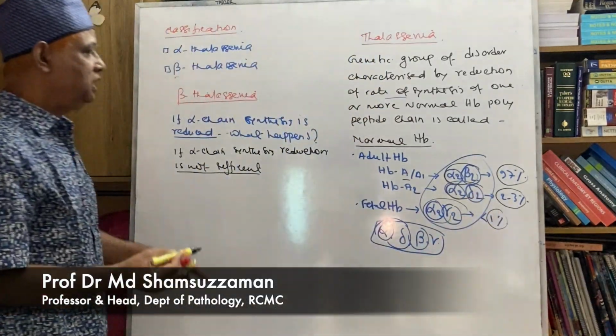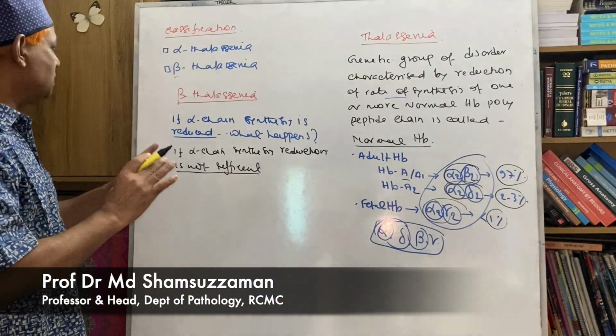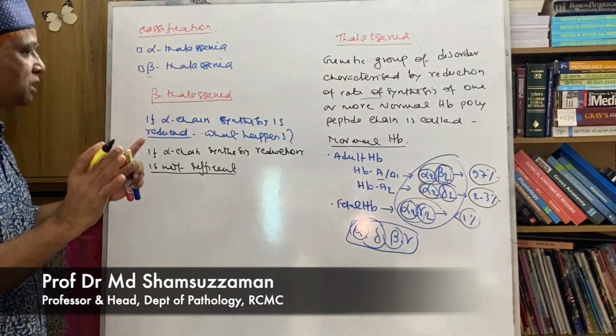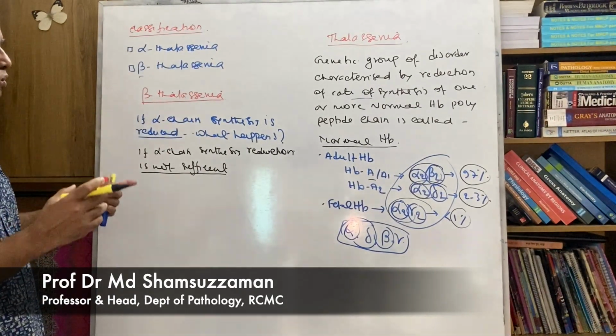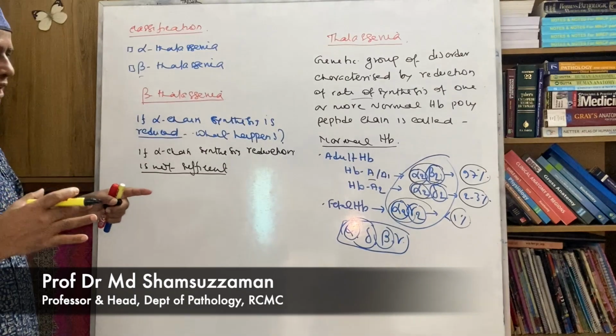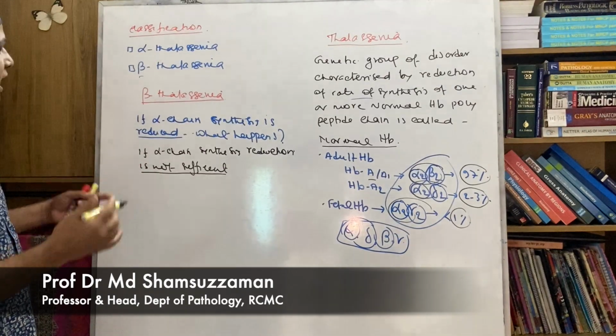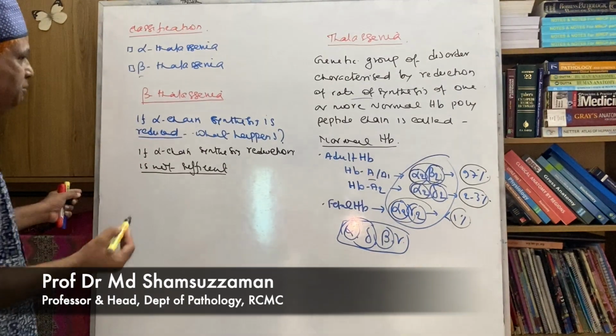What will happen? If there is reduction of alpha chain synthesis not sufficiently, then all the three hemoglobins, A1, A2 and fetal, all will be reduced. As all will be reduced, RBC become microcytic hypochromic.